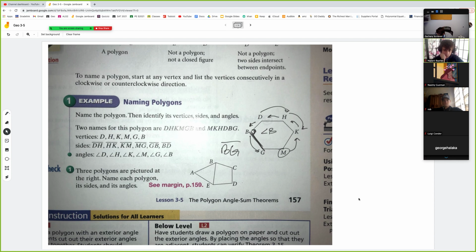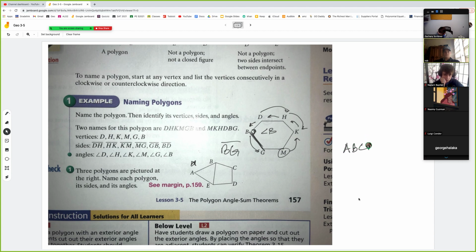So if you look down here at this polygon, the question is, name 3 polygons. Rob, would you name one polygon for us in this picture? On the top one? This picture right here? A, B, C, D, E. A, B, C, D, E. And can you tell us what type of polygon that is?